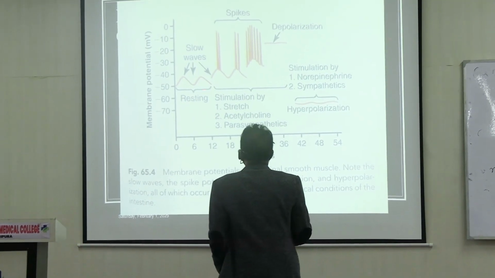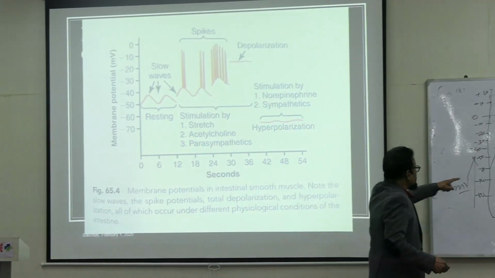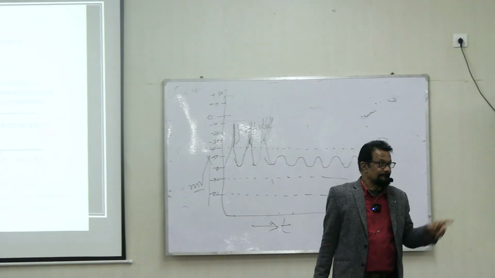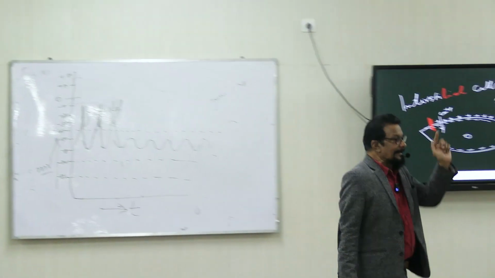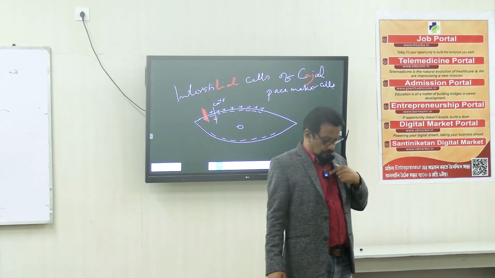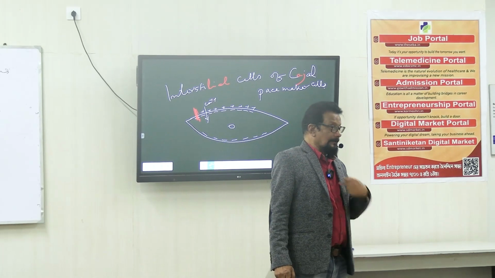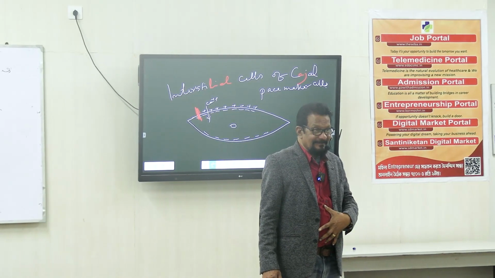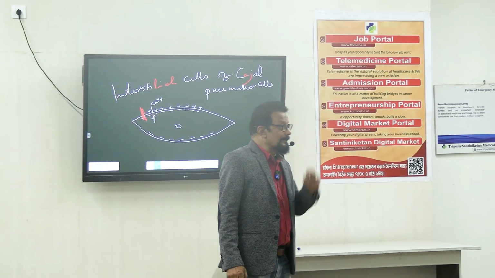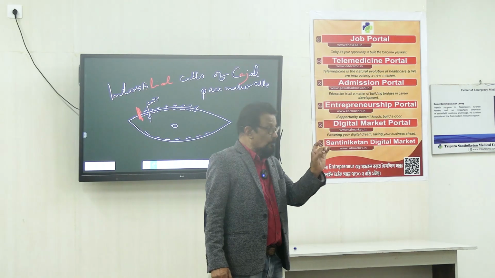Now see, these slow waves, their frequency, in 1 second, how many waves will be there? It depends on the area of the GI tract. In stomach, it is 2 to 3. In duodenum, movement is more.